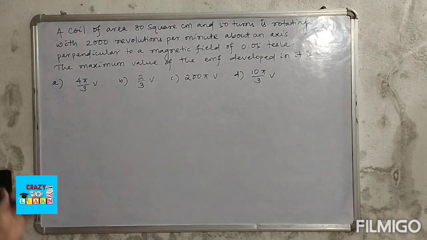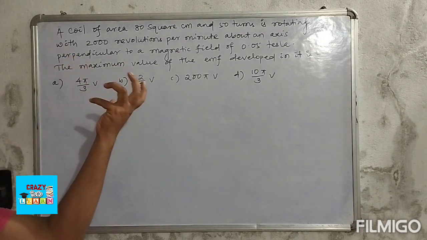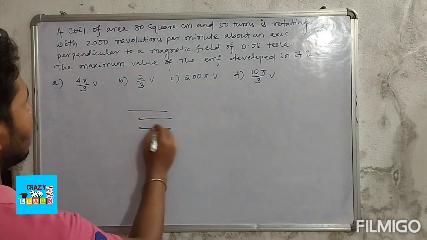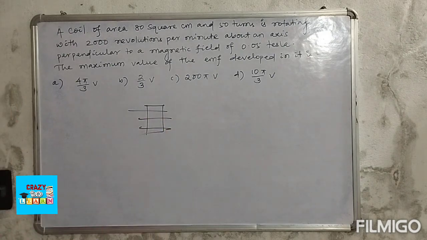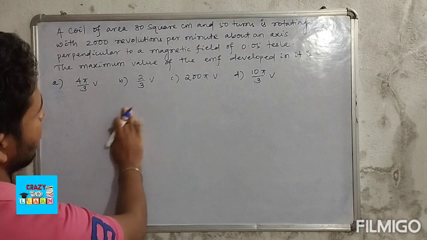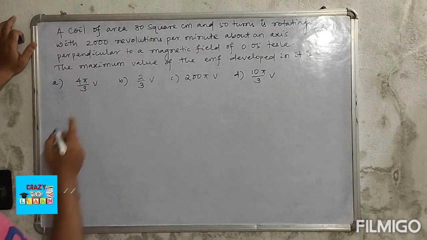First note down the given things, and read the question carefully. The coil is rotating perpendicular to the magnetic field. The magnetic field is there and the coil is rotating perpendicular, so the angle is 90. What are the given things? Just write down.